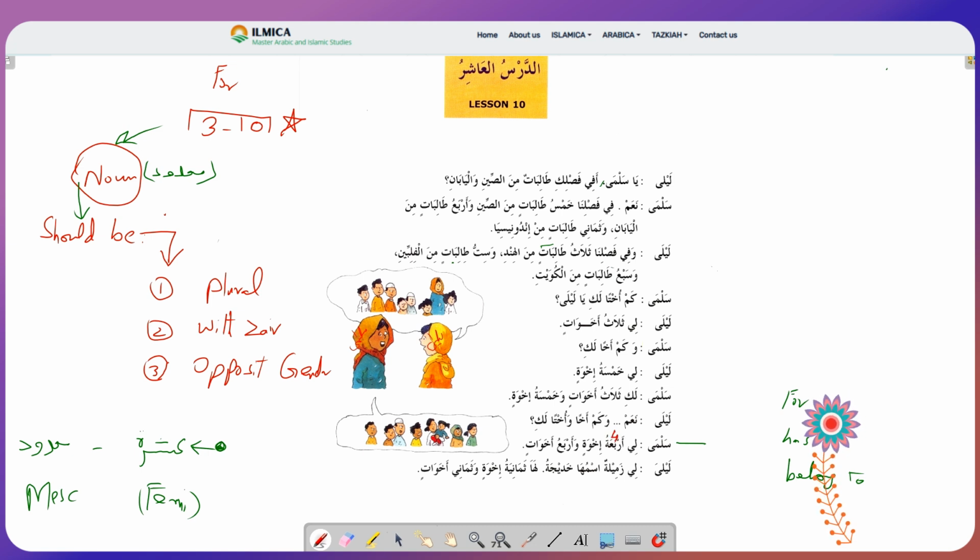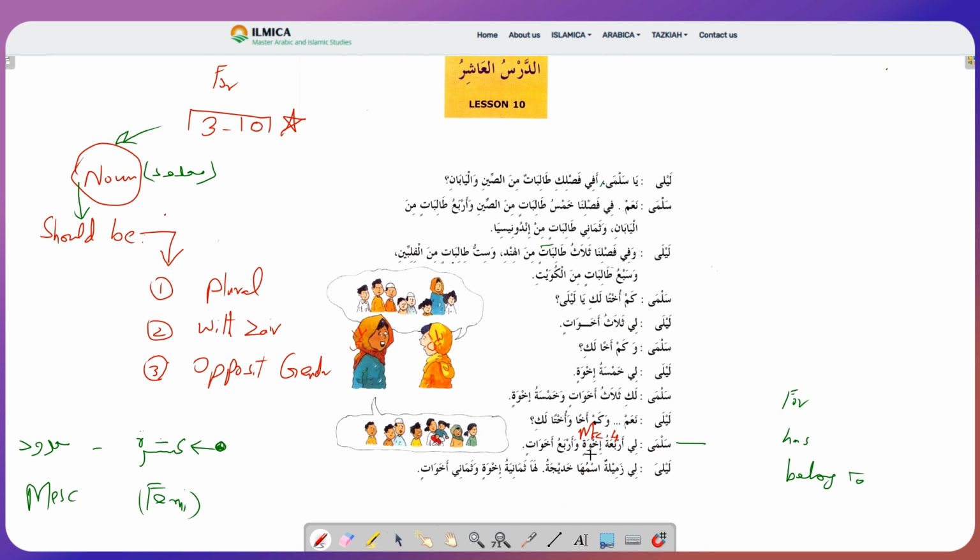I have four ikhwatin, brothers. Very good. So ikhwa is the ma'dud and arba'a is the number, and the relation between the two is reversed. Ikhwa is masculine, even though there is a round ta at the end, because this round ta is not for femininity.